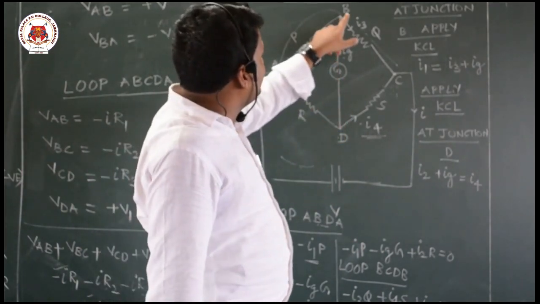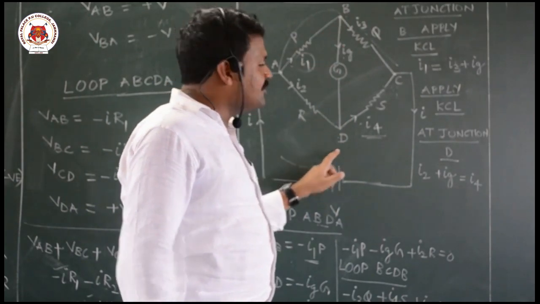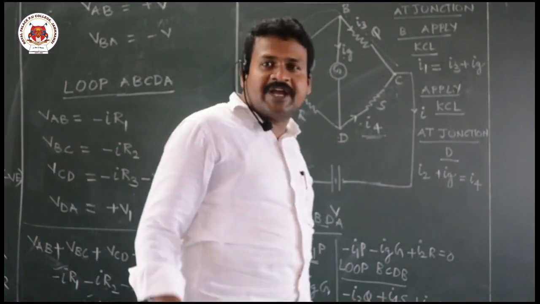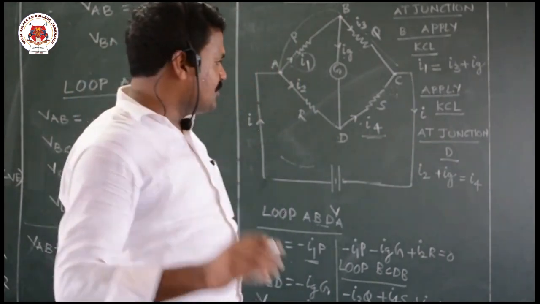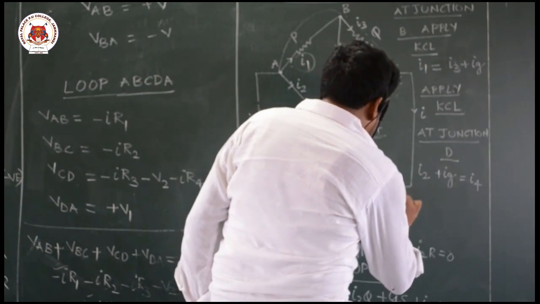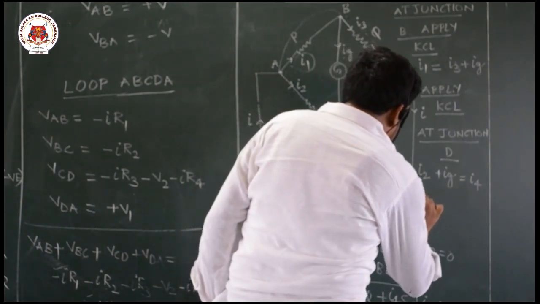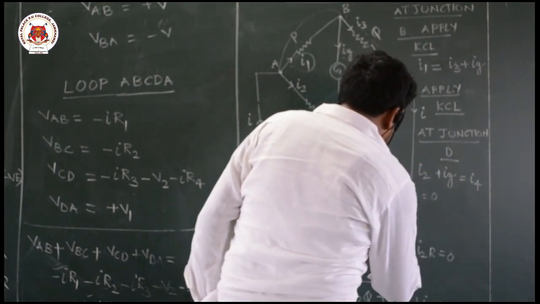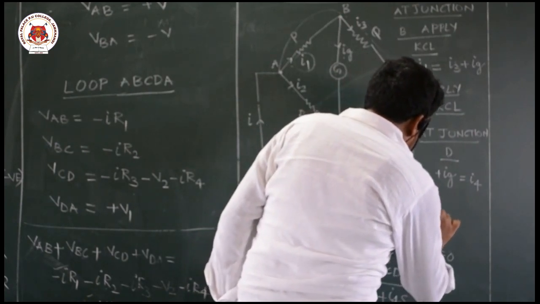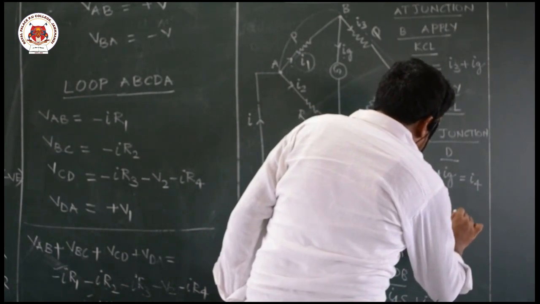So when the potential at B and potential at D are equal, Ig is equal to 0 and we can say that the bridge is balanced. Balanced condition.